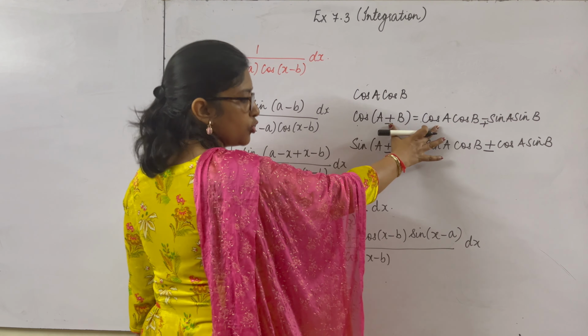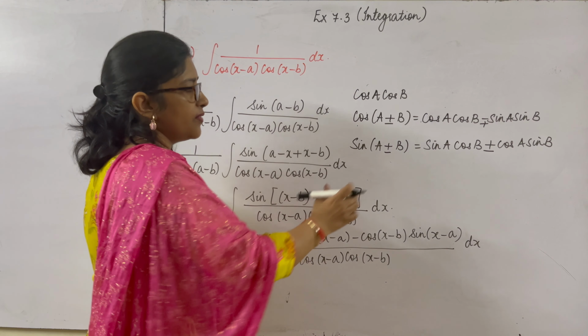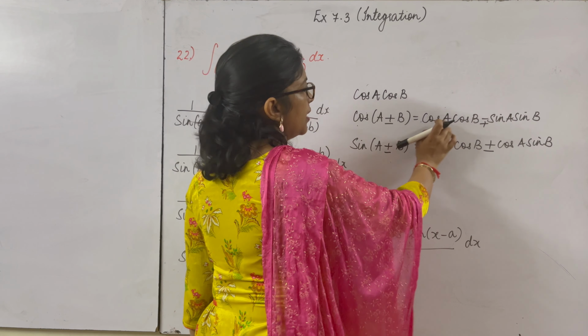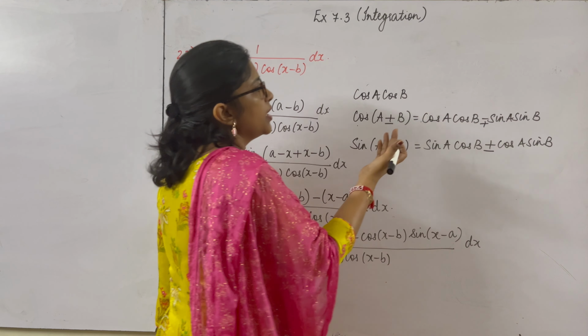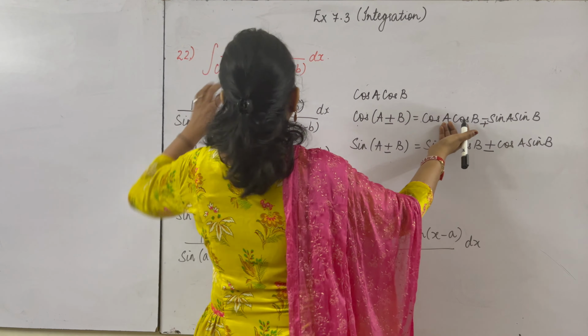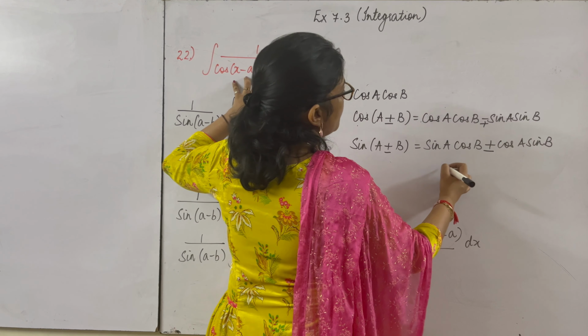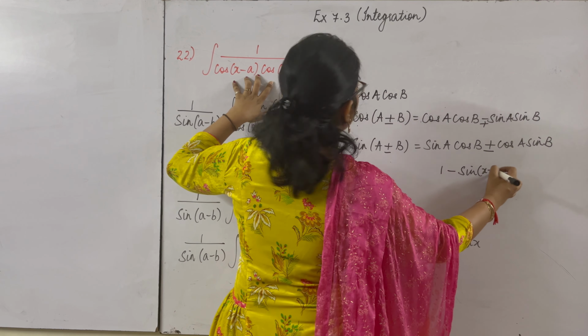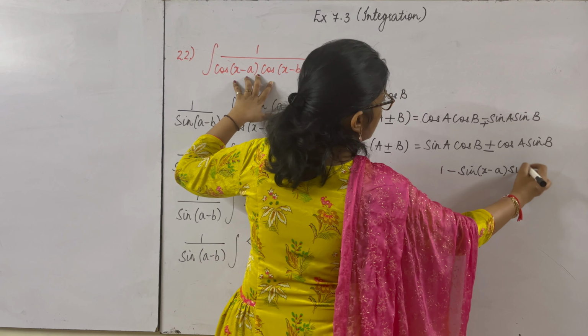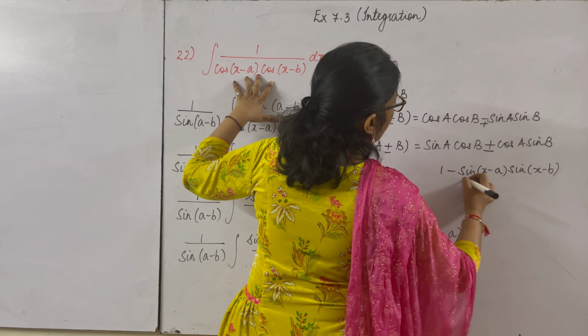If we would have taken cos, we would have this in the numerator, and at one time both the cos terms would get cancelled. Then we would be left with 1 minus sin A, which is x minus A, and sin this upon.